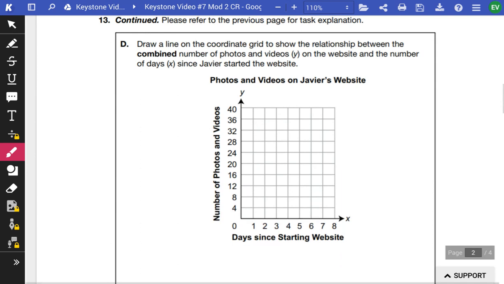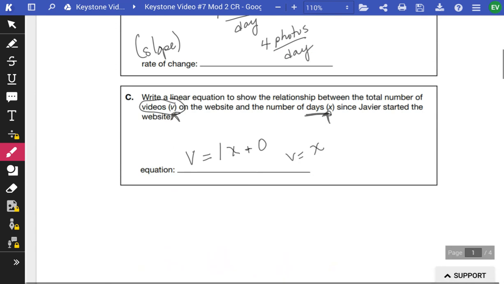Draw a line on the coordinate grid to show the relationship between the combined number of photos and videos on the website and the number of days since Javier started on the website. So number of photos and videos combined. So let's just pull a couple of numbers from our table.